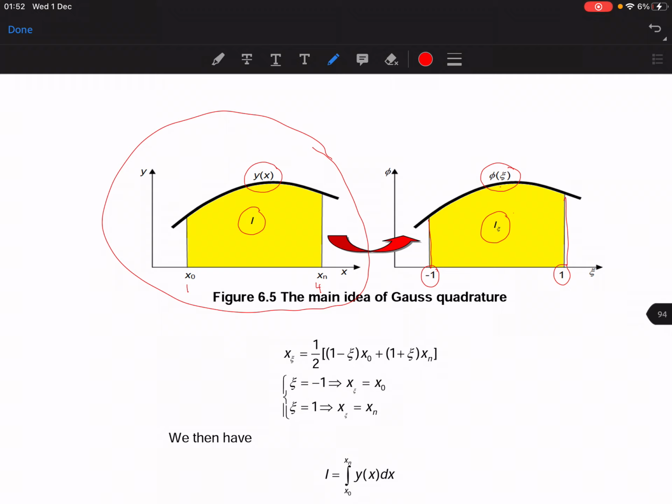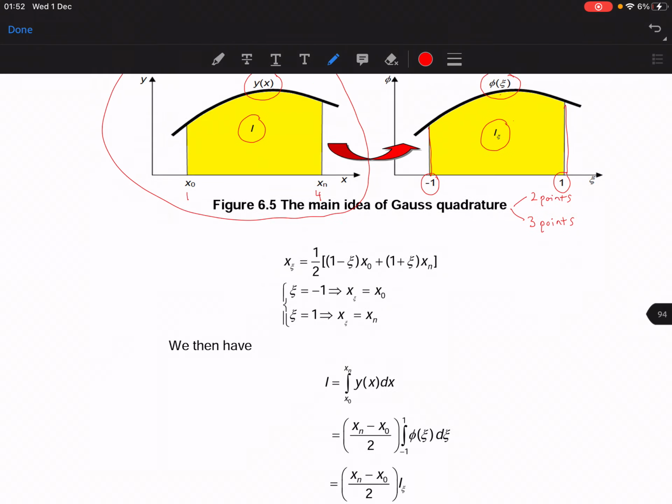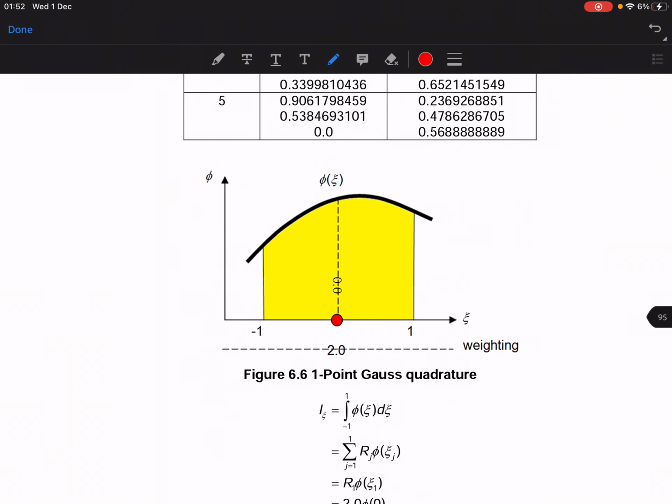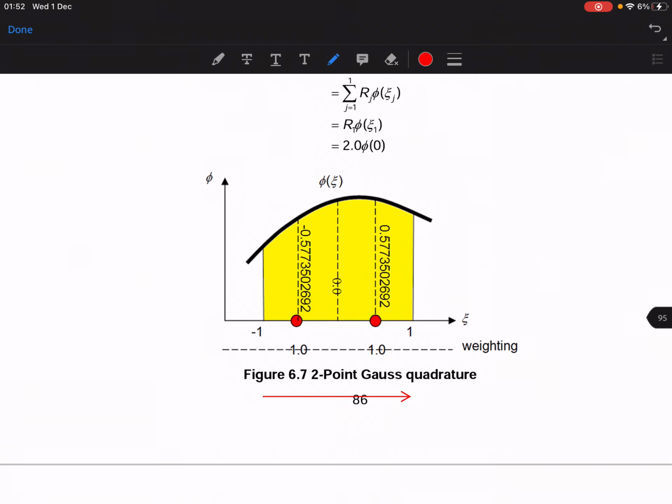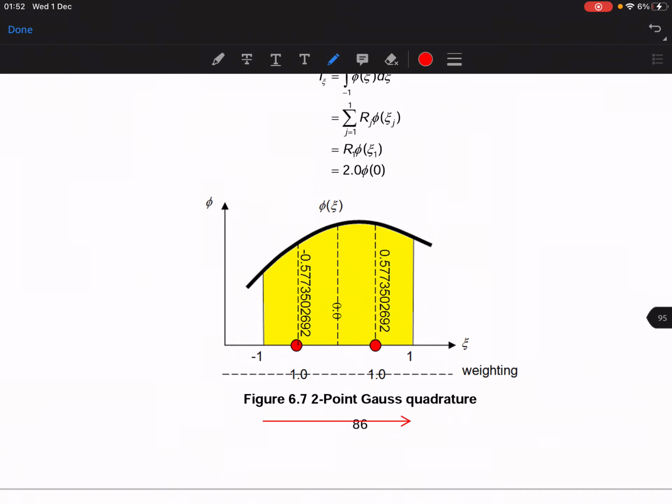For Gauss quadrature, we will have 3 cases or more, in which for our syllabus we're going to look at Gauss quadrature 2 points and Gauss quadrature 3 points, whereby for 2-point Gauss quadrature you will have 2 values of x zeta.